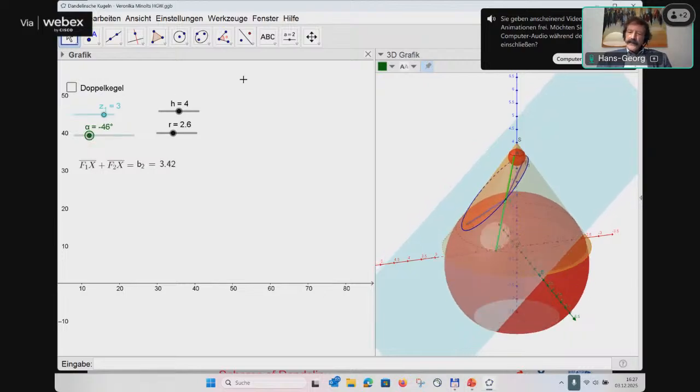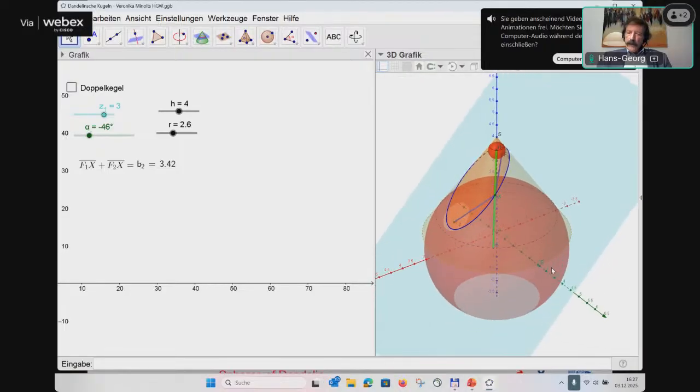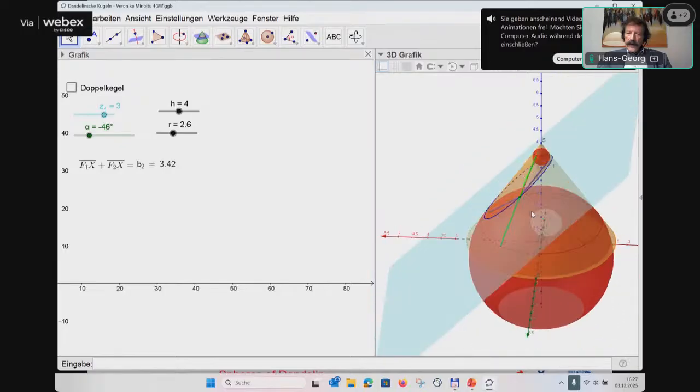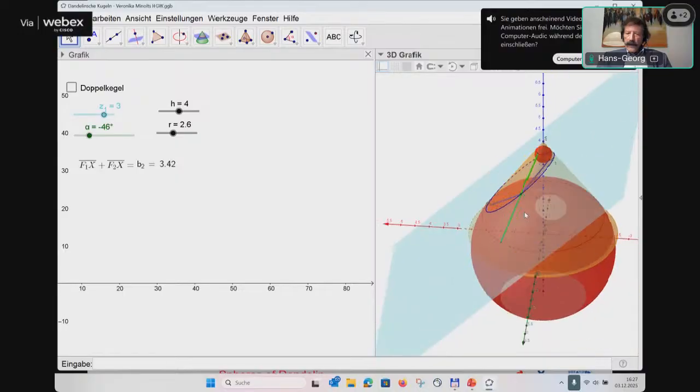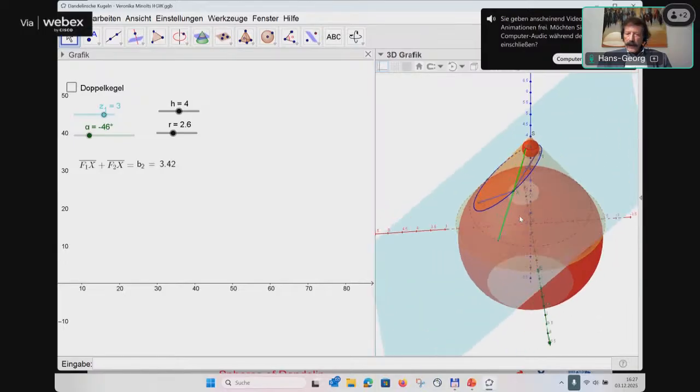But what does this show here? The main point is that here are these two points, F1 and F2. These are the points where the spheres here touch the plane.